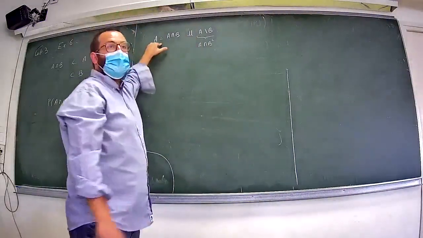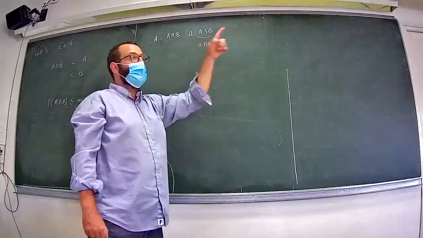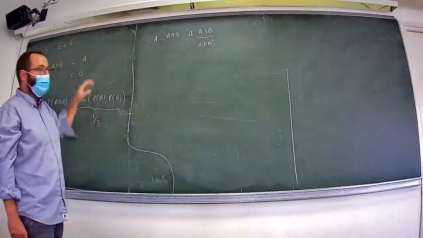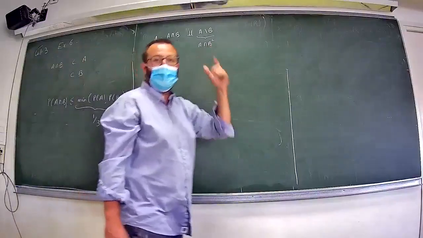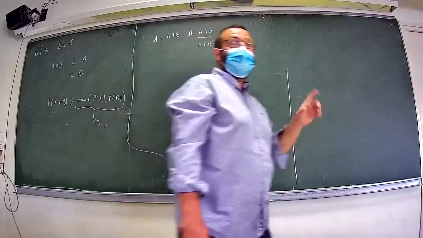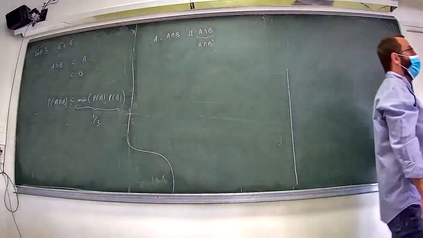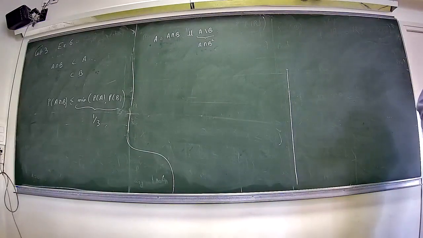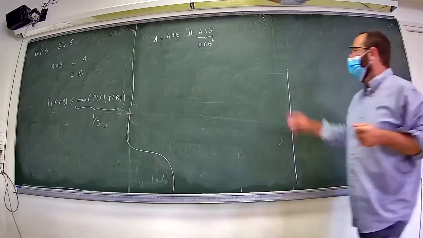For this one, you can use exactly the same idea as the one I have previously used. This one will be less than the minimum between P of A and P of B complementary. You know P of B complementary, that is 2 over 3. And it's one possibility to find the solution.